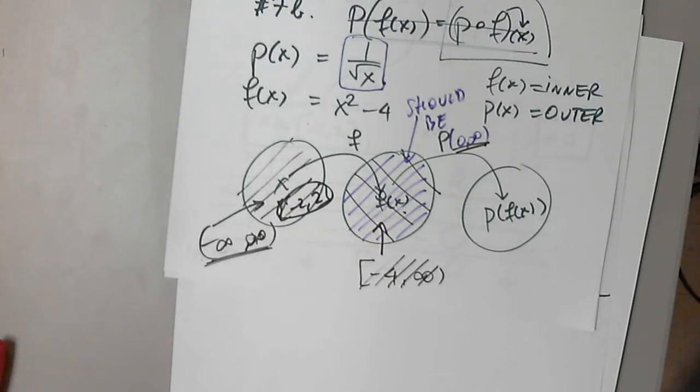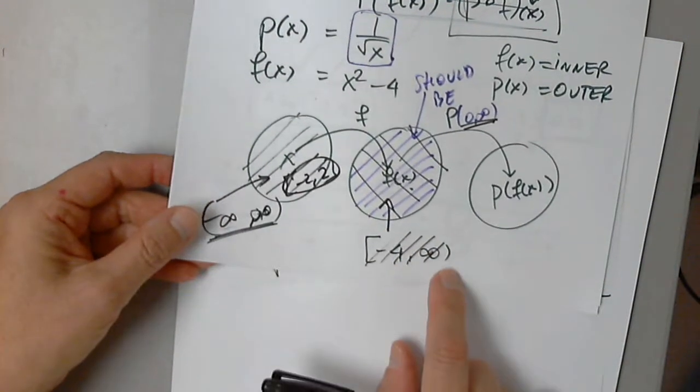So x squared minus 4. Yes, this is something that we need to know. Okay? So the range of this function is from -4 to infinity. We're going to talk about it again in transformations. So that's how we get -4 to infinity.